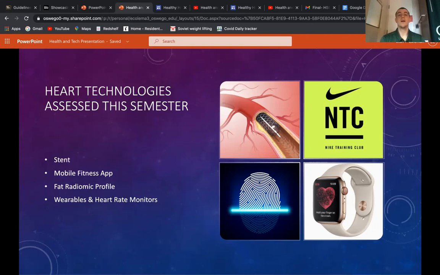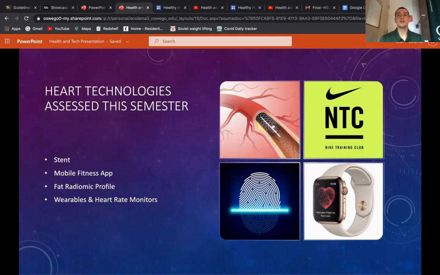Fat radiomic profile, what that does is it scans one's thumbprint to predict their chances of a heart attack. It's pretty fascinating, and it's a technology that a lot of researchers are claiming is the most effective and efficient way to predict heart attacks. And its goal is to be implemented into all hospitals by around 2025.